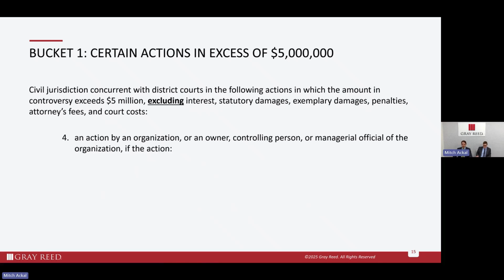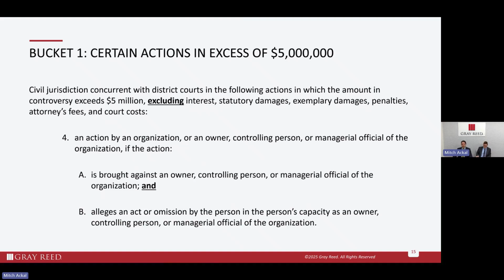Number 4 is a species of fiduciary litigation, and this one's a little bit different than the next one. It says an action by an organization or an owner, controlling person, managerial official of the organization brought against an owner and alleging acts or omissions in their capacity.